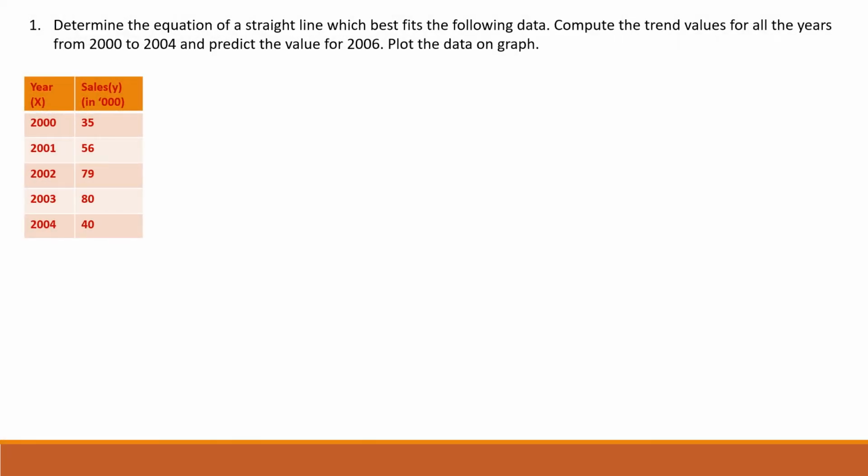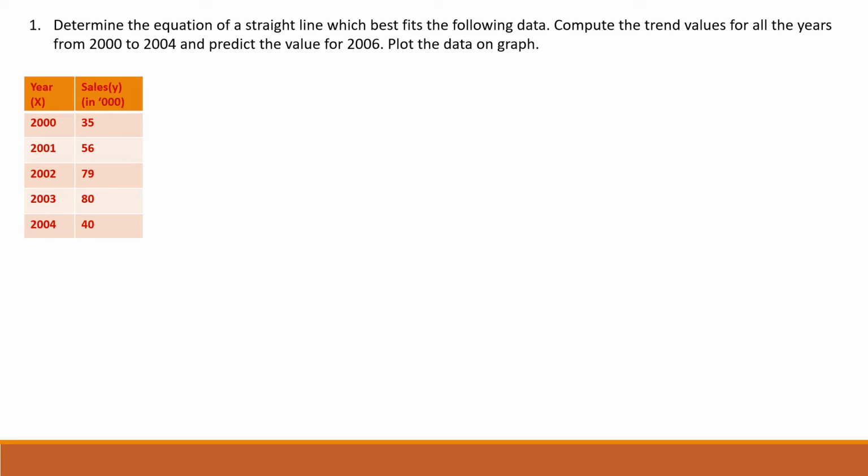The first problem in the least square method: determine the equation of a straight line which best fits the following data. Compute the trend values for all the years from 2000 to 2004 and predict the value for 2006. Plot the data on a graph. They provided year and sales figures.